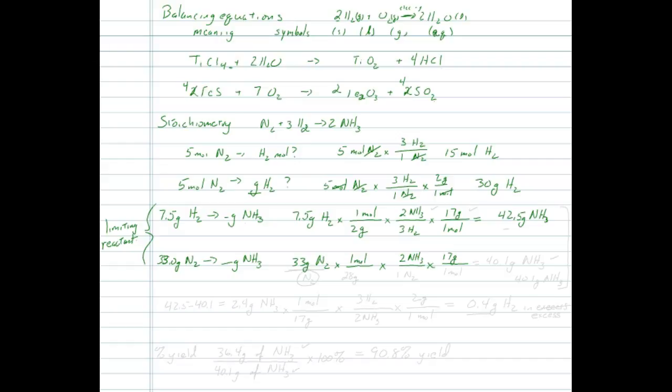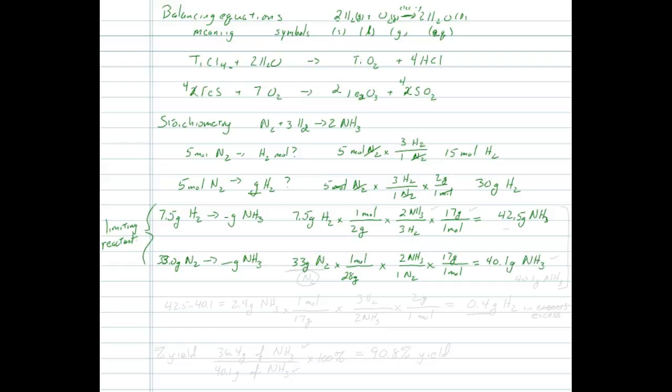Otherwise, you don't know what you're missing or what you've got. 1 mole of nitrogen gas is 28 grams. 1 N2 is coefficient, and 1 mole is on the bottom. You do the math, and you get 40.1 grams of ammonia.